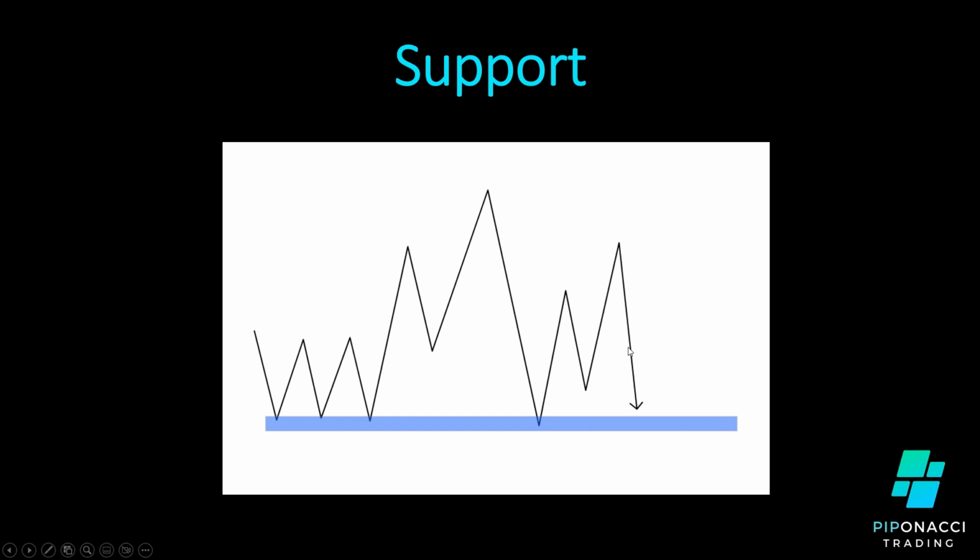So when price comes back to this floor, we could expect a bounce. If you imagine a ball bouncing, bounce, bounce, bounce, what's the likelihood of it bouncing here? We're not just going to enter off it. I'm going to break down some reasons we would get into a trade, but this is a very simple overview of what support is. Think of it as the floor and where price wants to bounce.